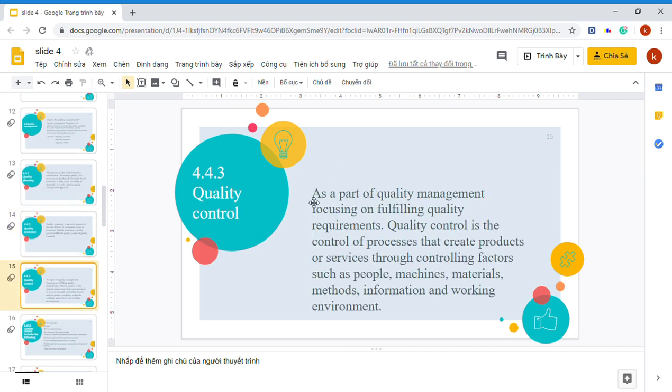Quality control. As a part of quality management, focusing on fulfilling quality requirements. Quality control is a control of the process that creates a product or service through controlling factors such as people, machines, materials, methods, information, and working environment.